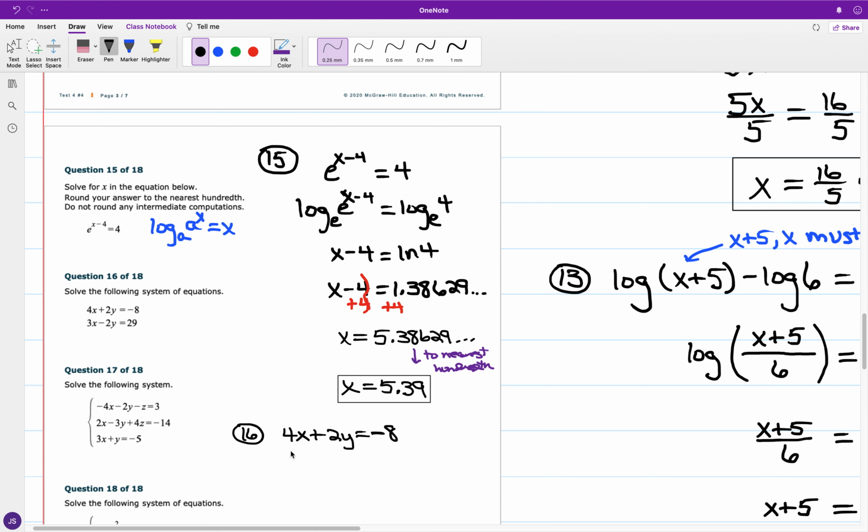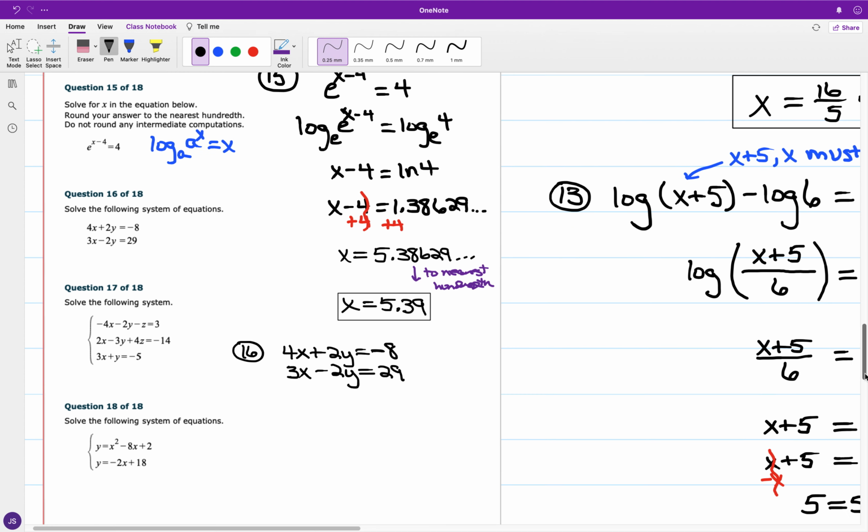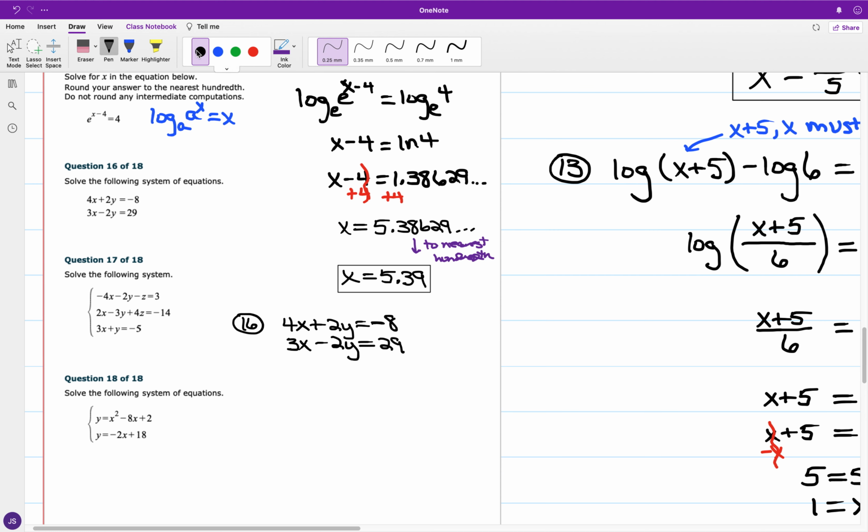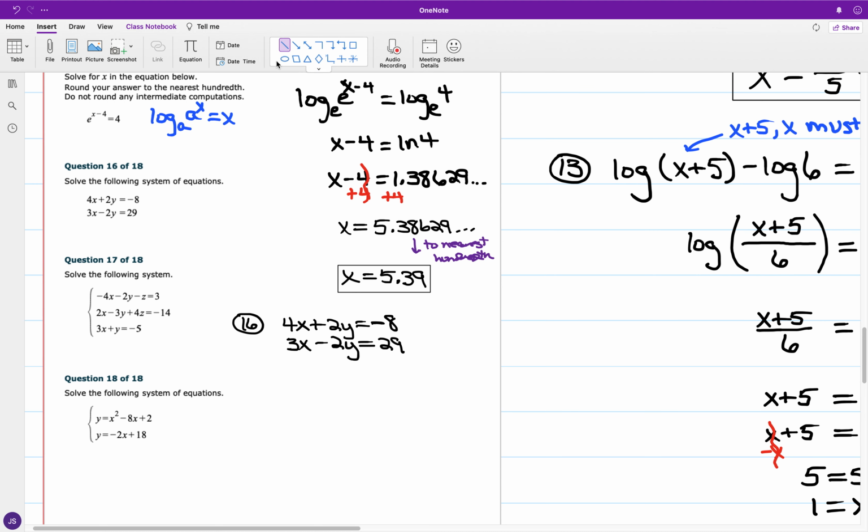And for the second equation, we have 3x minus 2y is equal to 29. In this system, we have additive inverses already with positive and negative 2y.